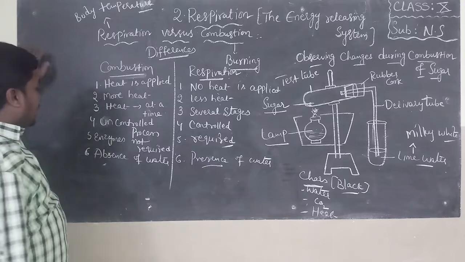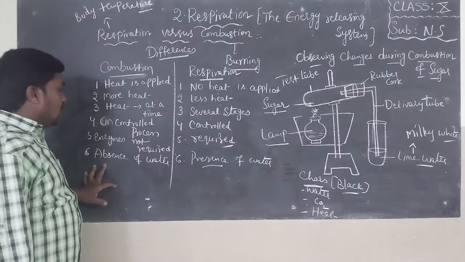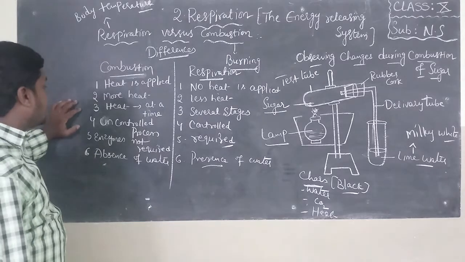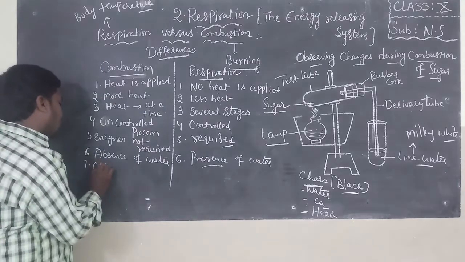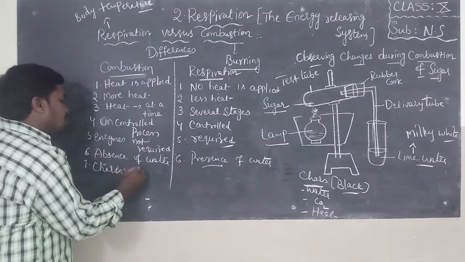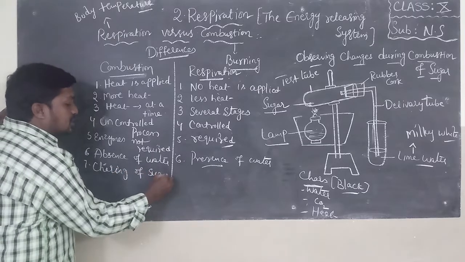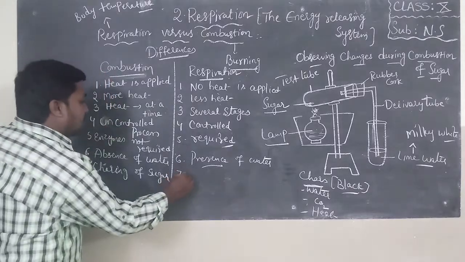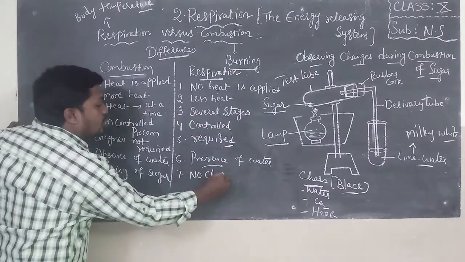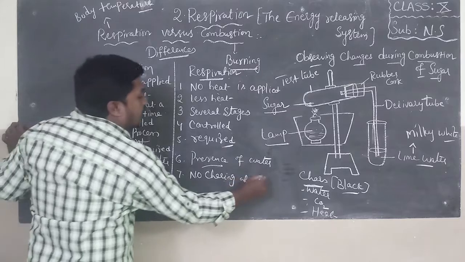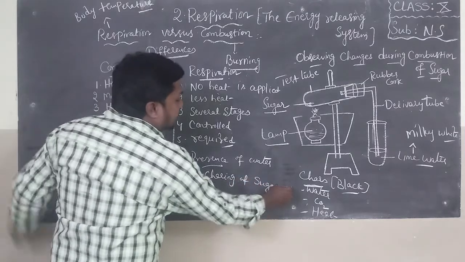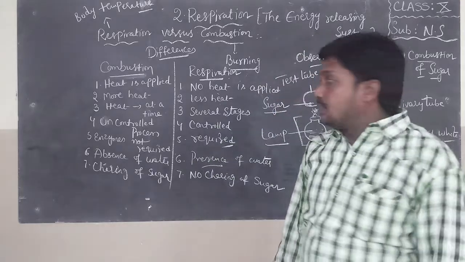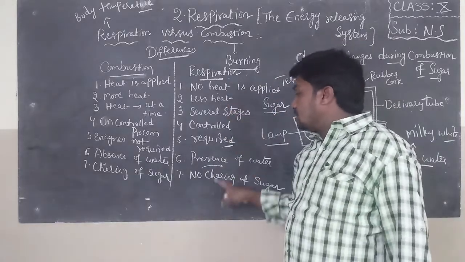Next, the major difference between combustion and respiration is charring of sugar. In combustion, sugar turns into black color, as already explained in the activity. There is no charring of sugar in respiration.